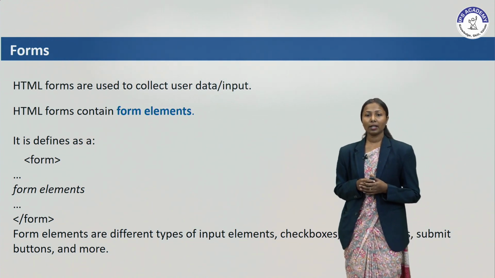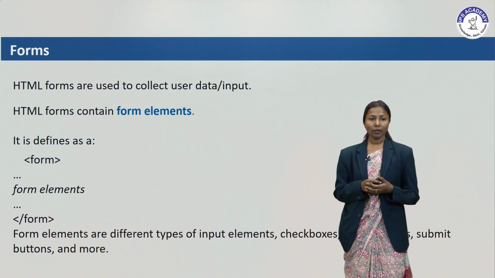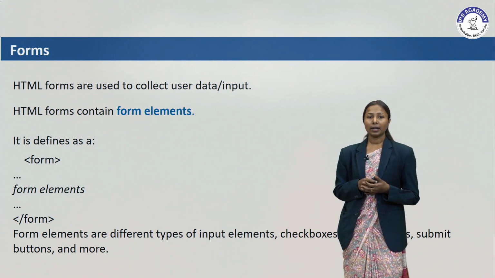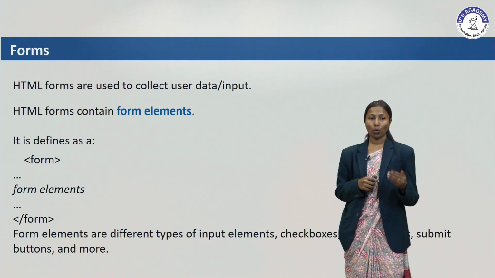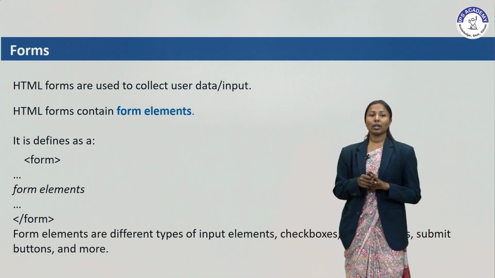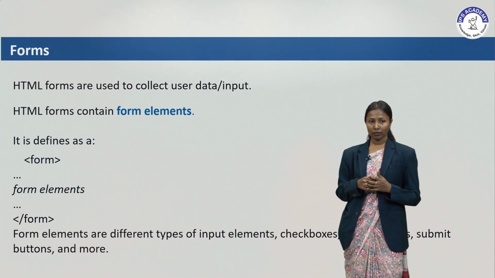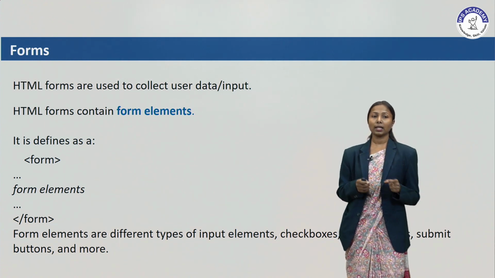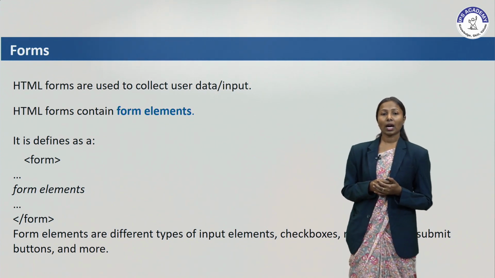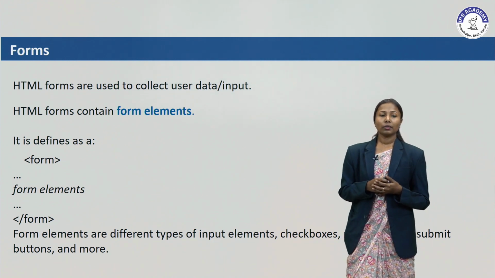So how can we define a form in HTML? For defining a form, you have to use the form tag. The form tag is a container type tag, which means you have to open the form tag as well as close the form tag. If you want to create a form in HTML, first of all you have to use the form element, and inside that form element you have to use different types of elements which are required for creating the form.